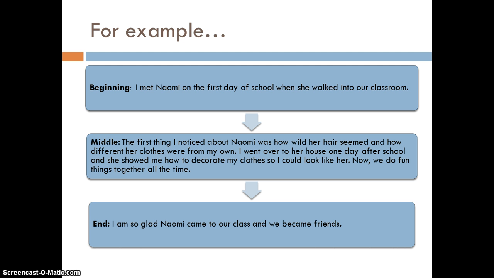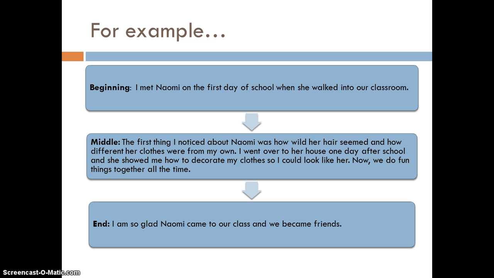Okay, now let me show you an example of some of the things that will happen in the beginning. If I'm thinking about this, I know I am writing about my best friend Naomi and how we met. So first I need to write a beginning for my story, and as you can see, I will introduce Naomi and explain how we met.